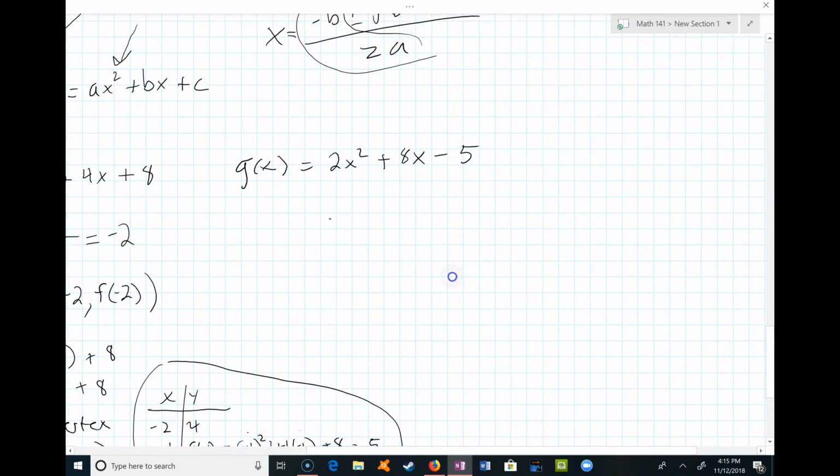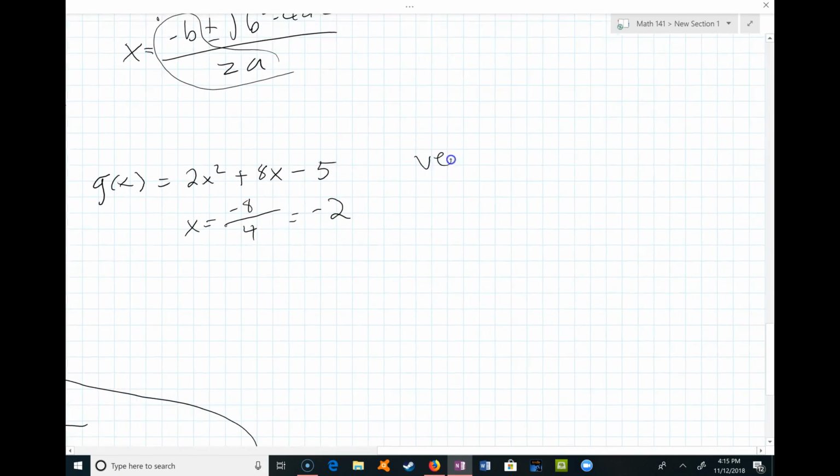So let's do the same thing here. x equals negative b, which would be negative 8 over 2a. 2 times 2 is 4. That gives me a negative 2. So the vertex is going to be located at negative 2 comma, the function evaluated at negative 2, right?